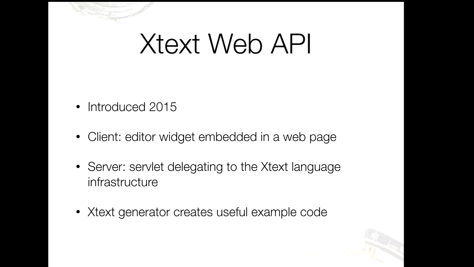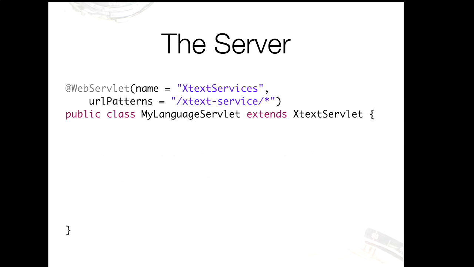The new generator version of Xtext, so the language infrastructure generator that was also released last year, is able to generate some example code that you can use as a basis to get started and to see how it works, how you can use it, basically. And I will just show the most important steps to get there.